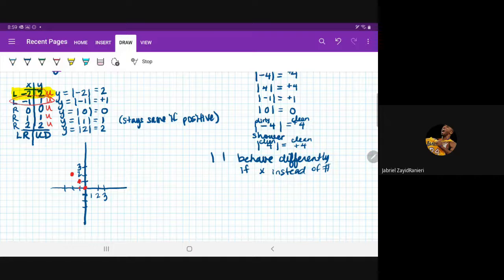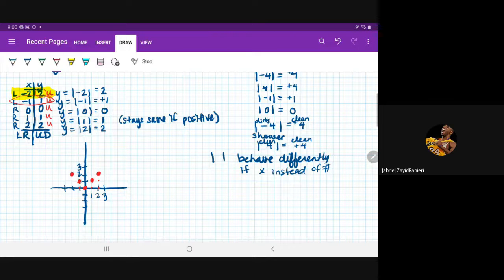Okay, and then right 1, up 1, right 1, up 1. And then starting back at 0, 0, right 2, and then up 2. Then put that.